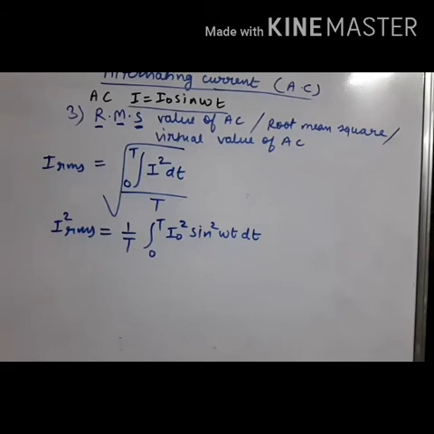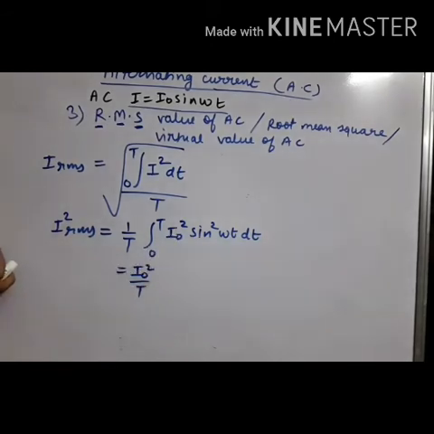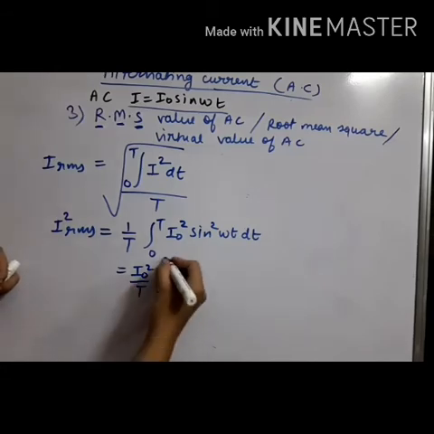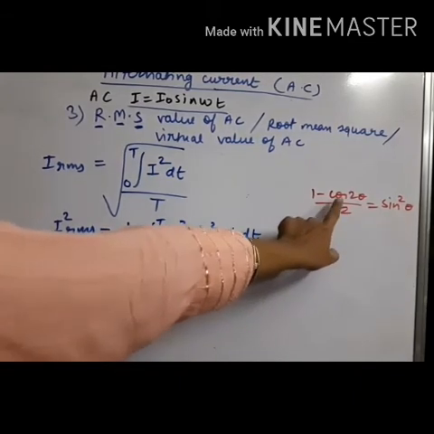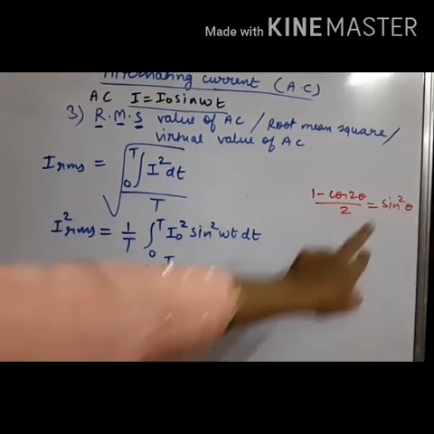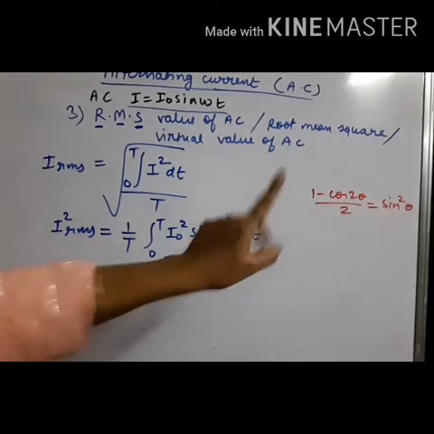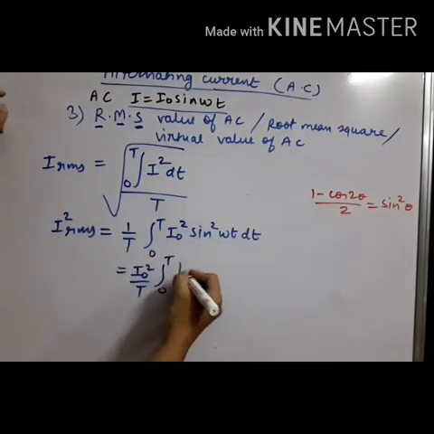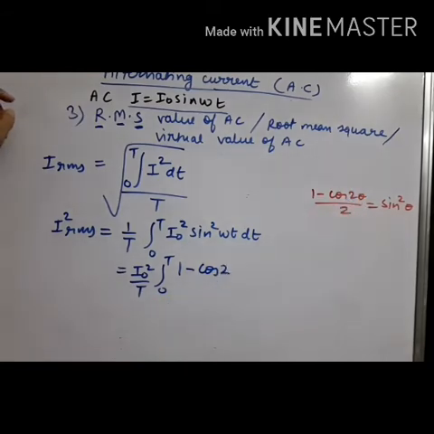Let us start now. First of all, the constant term is taken out. Constant is I0 square by T. Now sin square theta. How to convert it into a single power? For that the formula is, written here, 1 minus cos 2 theta upon 2. This is the answer for sin square theta. Because a square term is there, we have to replace it with a term without a square. That is, sin square omega t I am replacing with 1 minus cos 2 theta, upon 2.